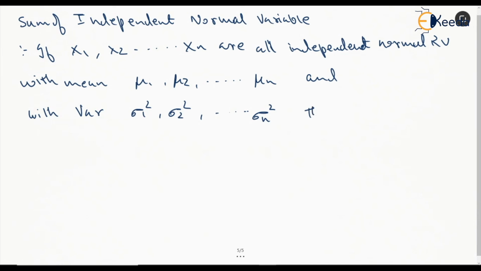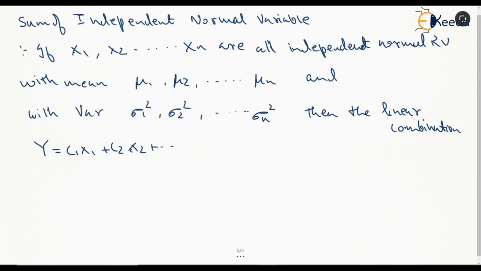then the linear combination of these, given as y equal to, let's say, c1 times x1 plus c2 times x2 up to cn times xn, where these ci are scalar or constant coefficients.